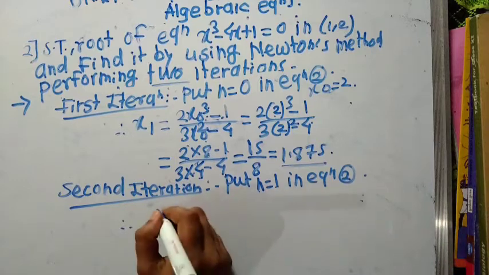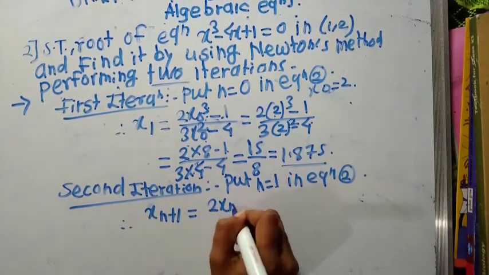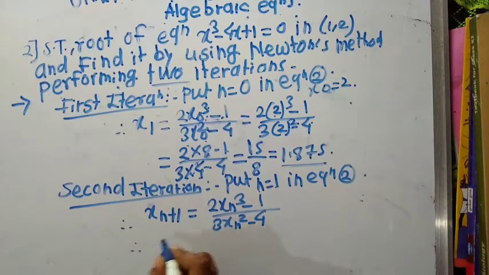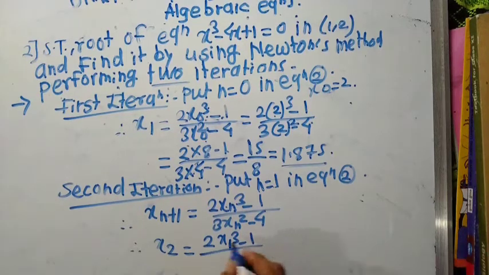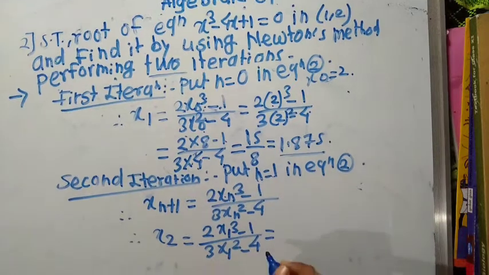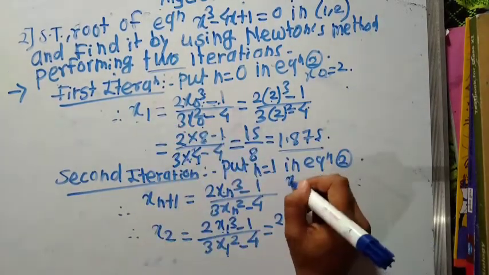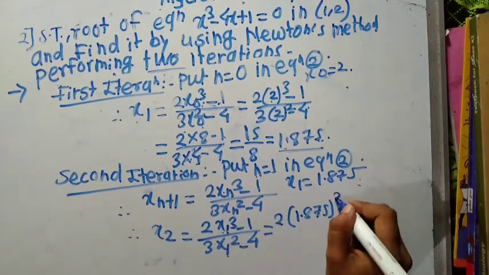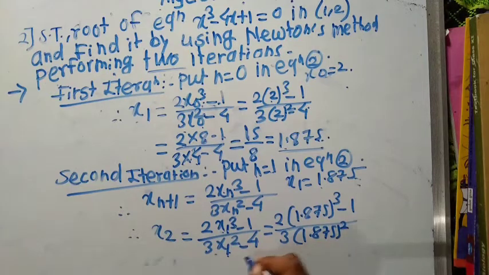So xn plus 1 is equal to 2xn cube minus 1 divided by 3xn square minus 4, giving x2 is equal to 2x1 cube minus 1 divided by 3x1 square minus 4. Here x1 is 1.875, so find the value.